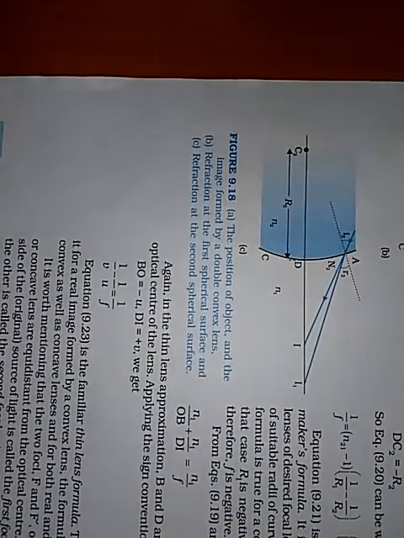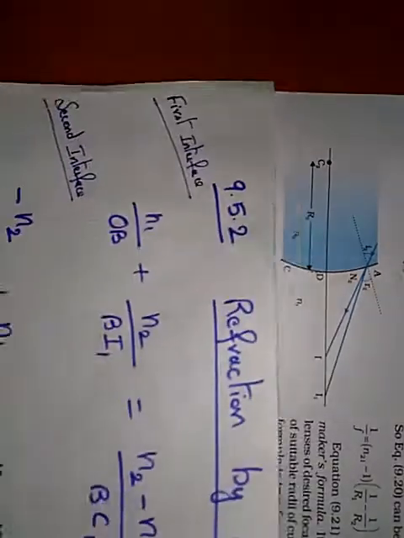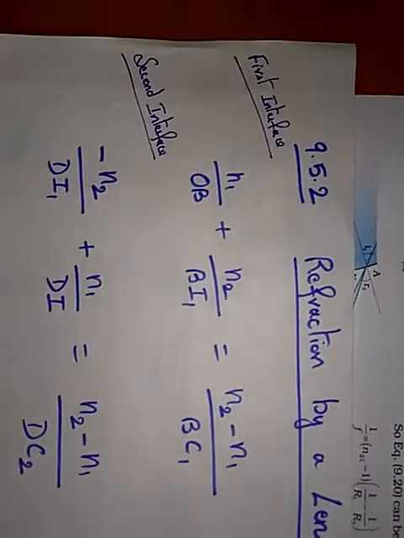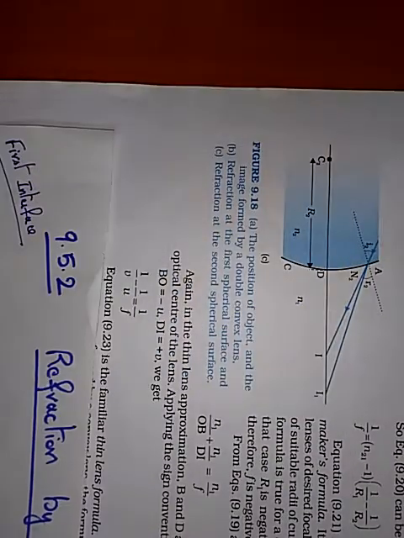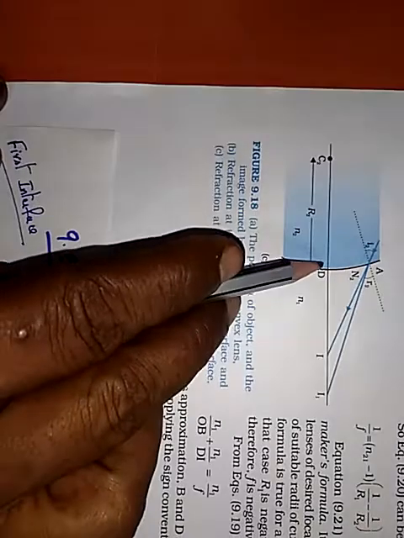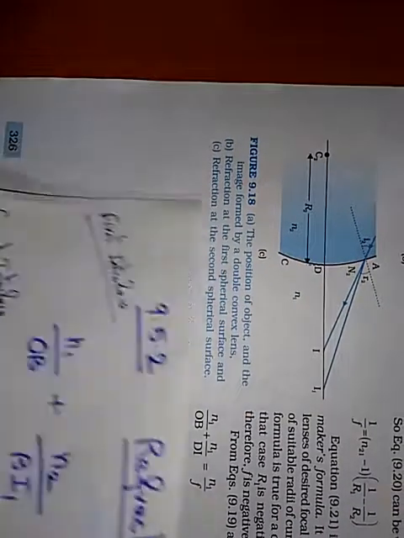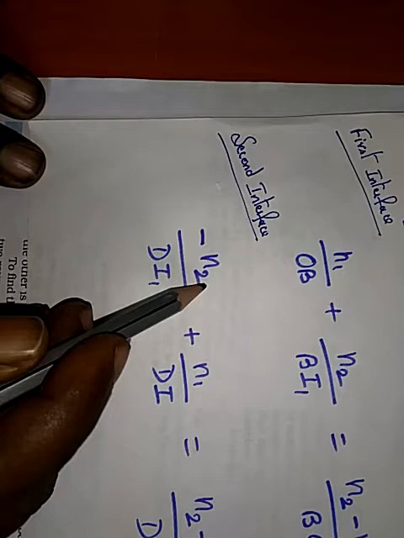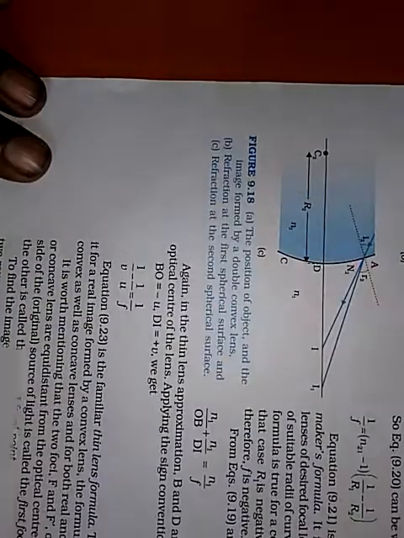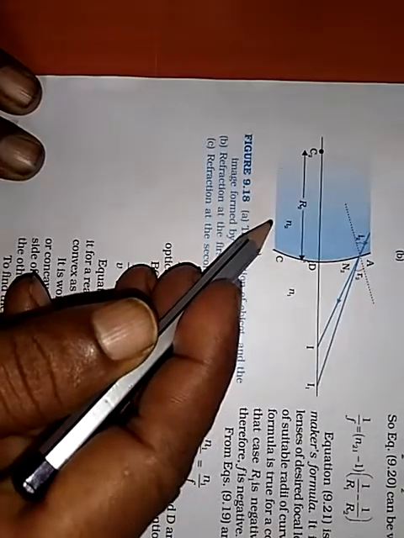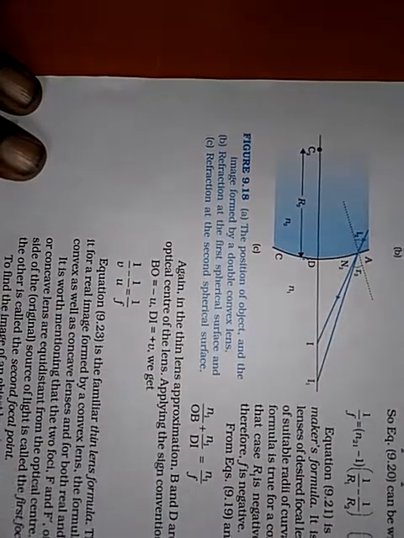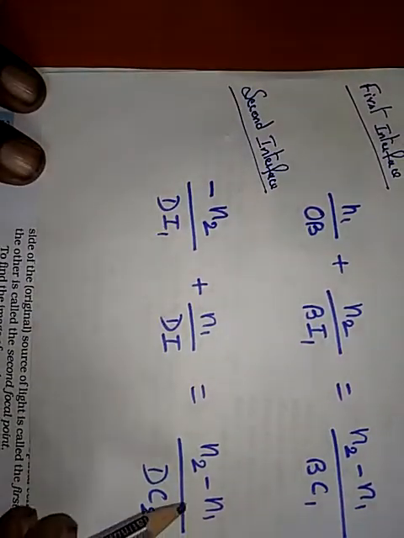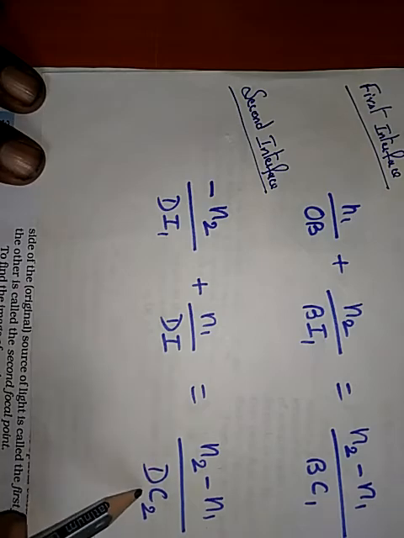So we can write the equation for this as n1 by DI minus n2 by DI1. Minus refers to the opposite direction for n2 and DI1. This is equal to n2 minus n1 by DC2.